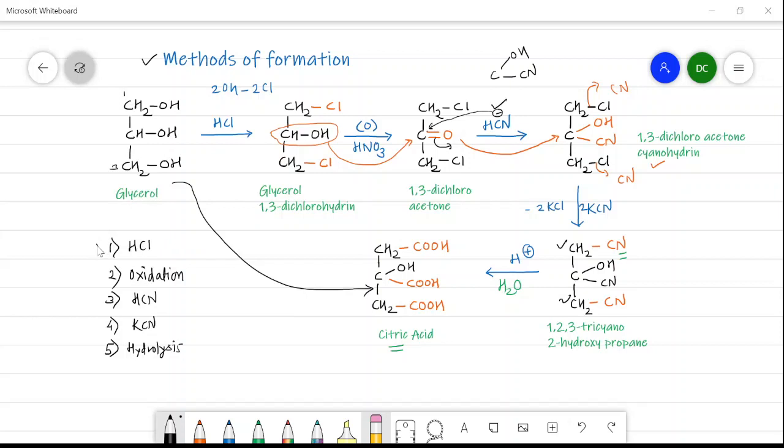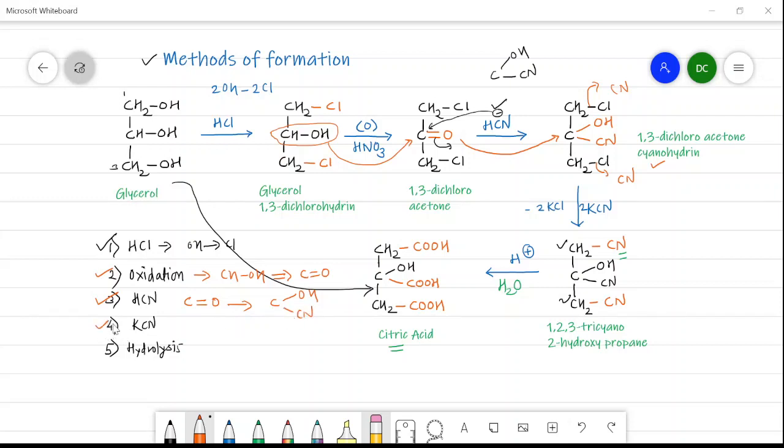In the first step, addition of hydrogen chloride causes a replacement of OH by Cl. The second step, oxidation at the middle carbon, converts the CHOH group into C double bond O. Then reaction of hydrogen cyanide with the ketone converts the ketone into the cyanohydrin.